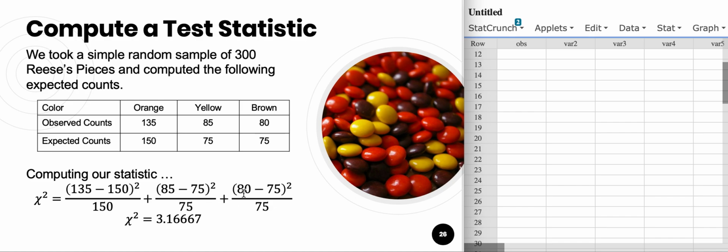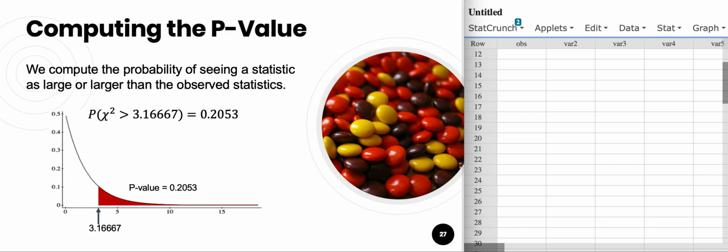And likewise for brown, (80 minus 75) squared divided by 75, to give us a chi-square value of 3.166 repeating. So in order to find our p-value, we find the probability of seeing a chi-square statistic as large or larger than 3.16666 repeating, and we find that that p-value is 0.2053.